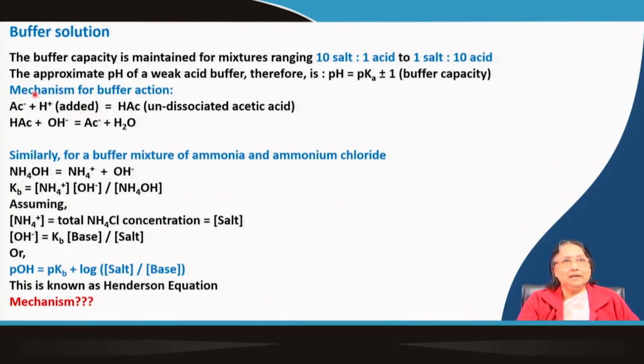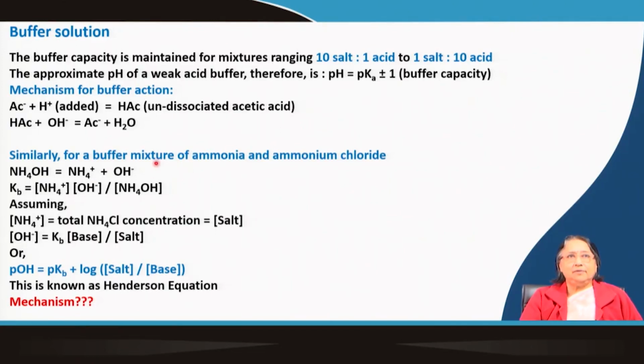In this way, the addition of H plus, of course a small amount, or OH minus will be consumed in some way, and it will keep the pH of the medium almost constant. It is not exactly constant, it is almost constant. You will observe only a very small change, not significant.